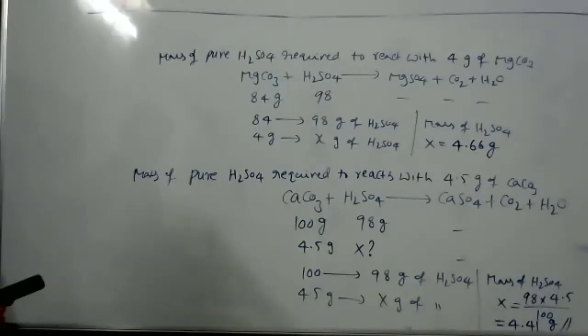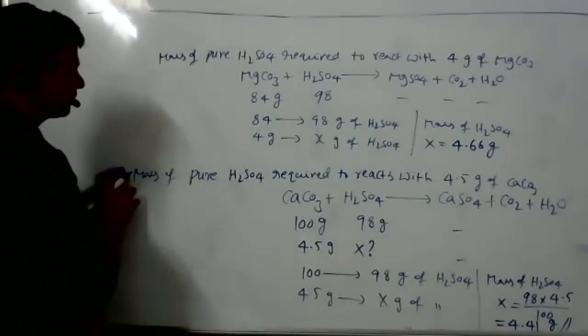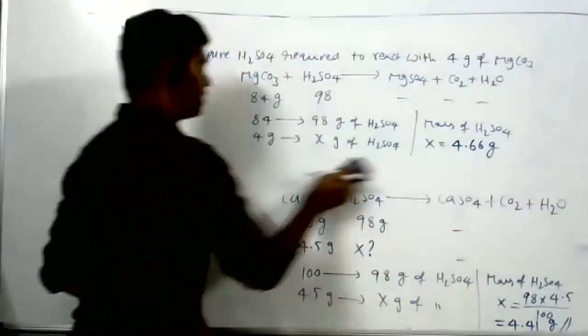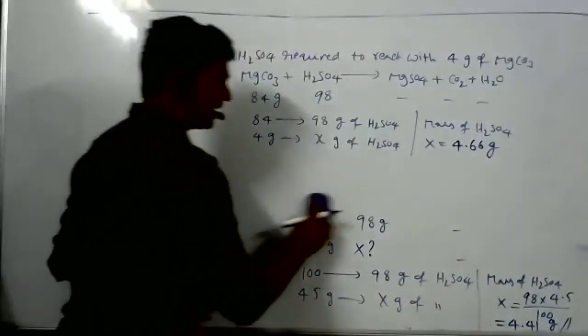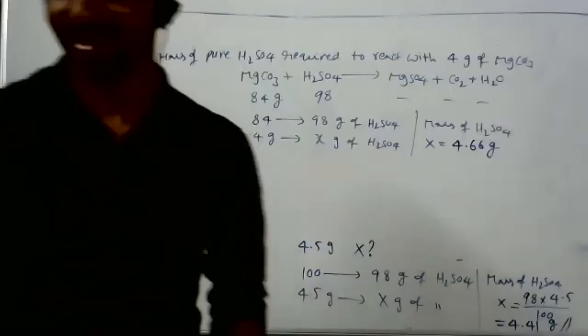Now the total mass of H2SO4 required is 9.08. H2SO4 does not react with clay. Why not, sir? Clay is nothing but mud, and there is nothing in it to react with H2SO4.